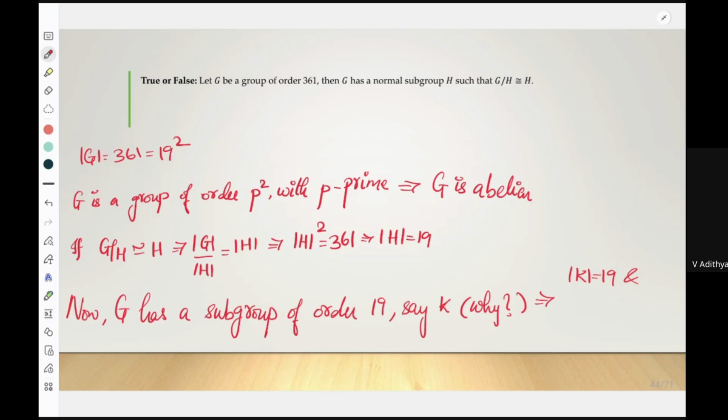So G mod K is a group, and the order of G mod K is also 19. So both of them are groups of order 19. We know 19 is a prime, so they both have to be isomorphic, because there's only one possible group of order 19, which is the cyclic group Z19, or Z mod 19Z. Both of them are that, which implies G mod K is isomorphic to K. So it's actually true.